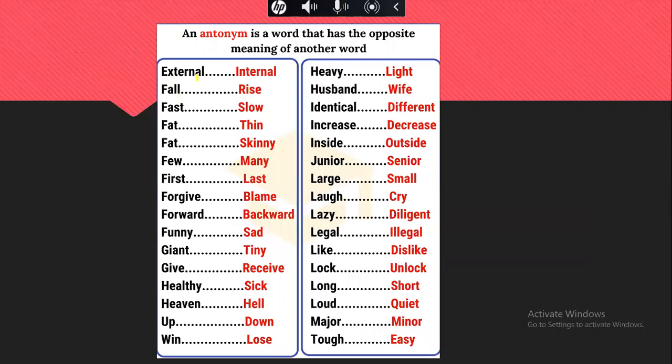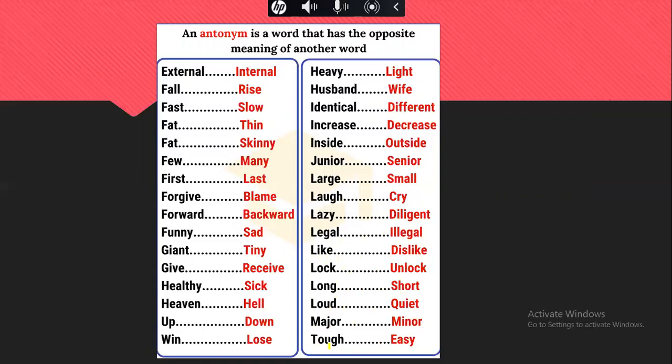There are some other lists of antonyms like external, internal, fall, rise, fast, slow, fat, thin, fat, skinny, few, many, first, last, forgive, blame, forward, backward, funny, sad, giant, tiny, give, receive, healthy, sick, heaven, hell, up, down, win, lose, heavy, light, husband, wife, identical, different, increase, decrease, inside, outside, junior, senior, large, small, laugh, cry, lazy, diligent, legal, illegal, like, dislike, lock, unlock, long, short, loud, quiet, major, minor, tough, easy.